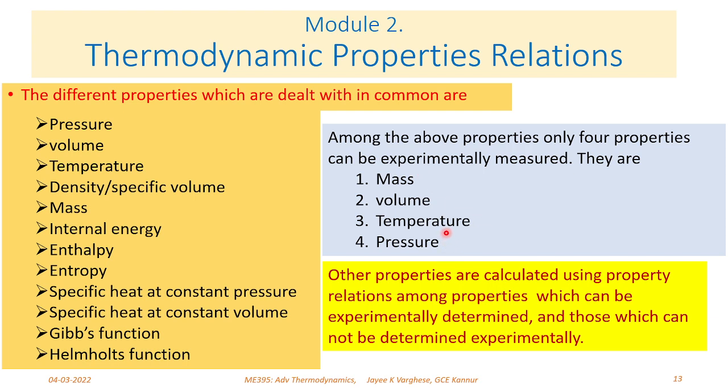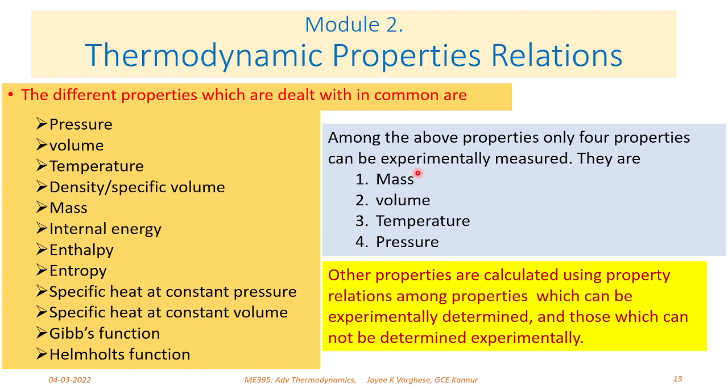Similarly, if we want to design an IC engine cylinder, the cylinder wall may have a limiting value for the pressure at a particular temperature. So we should know the density of the gas at particular temperatures and how it varies. Knowledge about different properties is very important in the design of engines, turbines, structures, pipelines, refrigeration systems, and many other cryogenic systems and space vehicles.